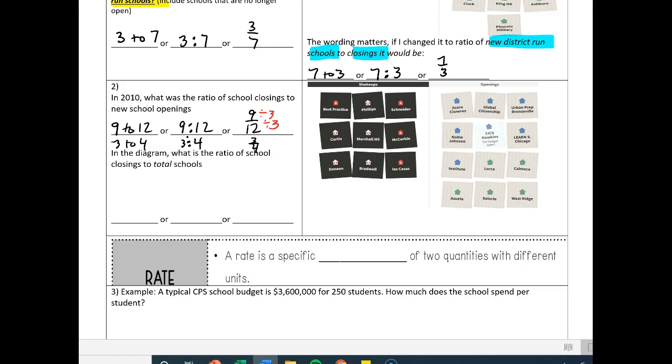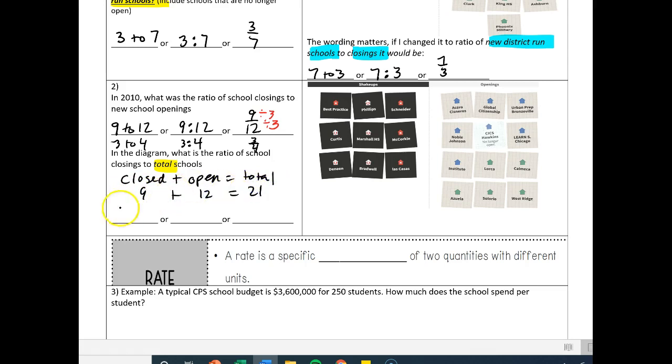Now, what was the ratio of school closings to total schools? So both schools that got closed and schools that were open. So how do we figure out this total? Well, we take the schools that were closed, and we add it to the schools that were open, and this is the total amount that we're talking about. So the schools that were closed were 9, the schools that were open were 12, 9 plus 12 is 21.